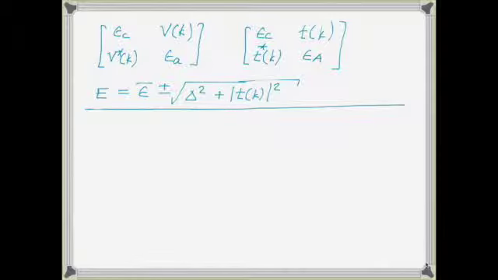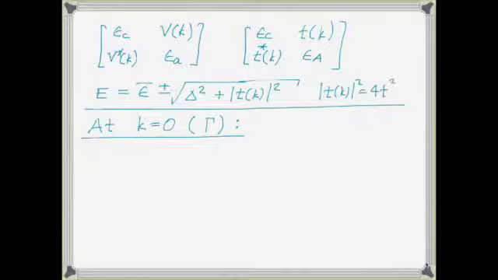So at K equal to 0, which is called the gamma point in your Brillouin zone, if we look at our expression for the dispersion, this thing, our T of K squared was our 4 T squared sine squared Ka over 2. So K equals 0, that's 0, right? And K equals 0, that's 0.